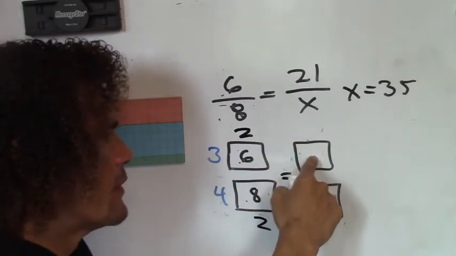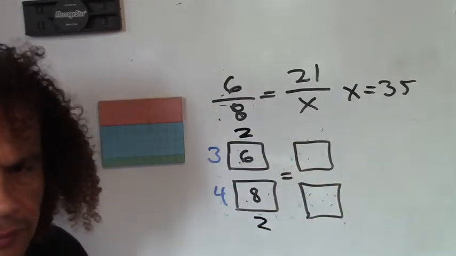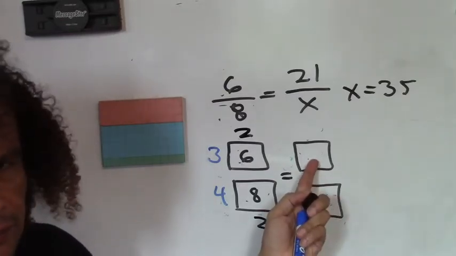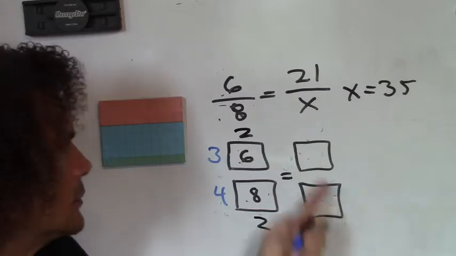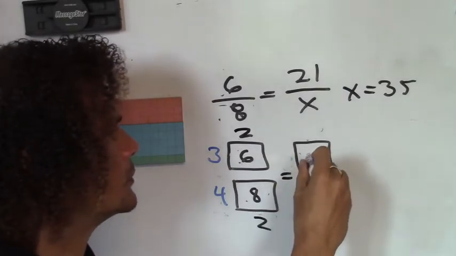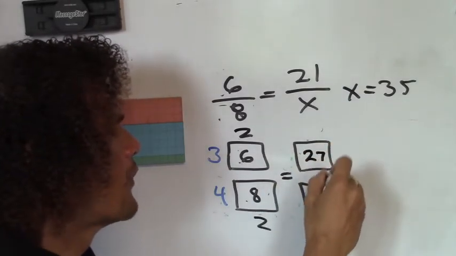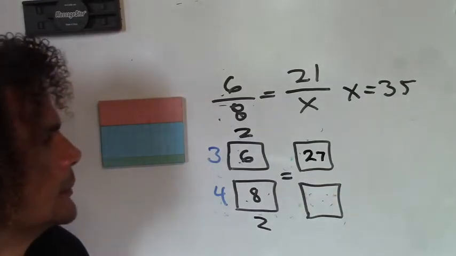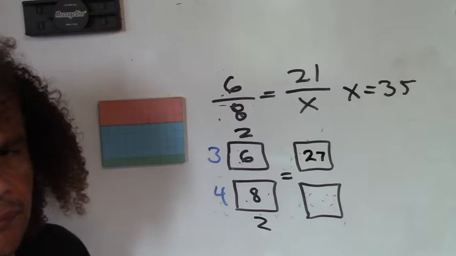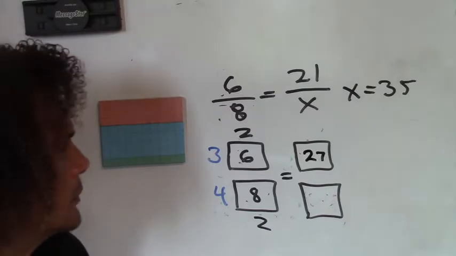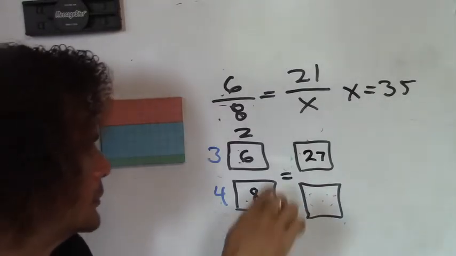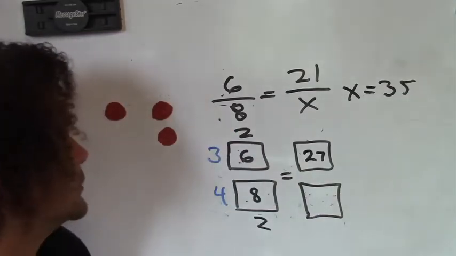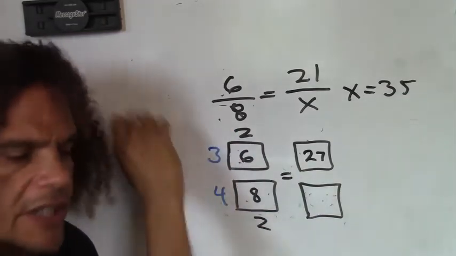Now, what number do you have over here? Over where? In the next box, over here. 27. So how far do we have to move it over to get to 27? Oh, 9. Very good.